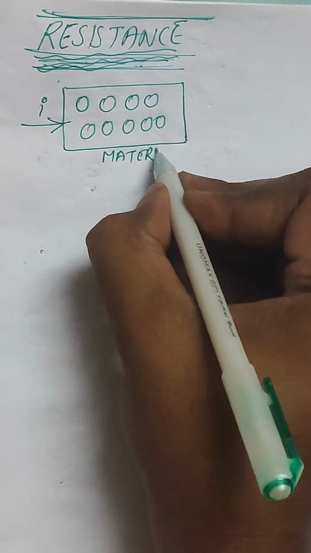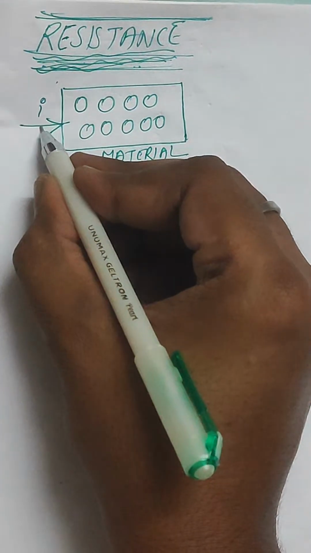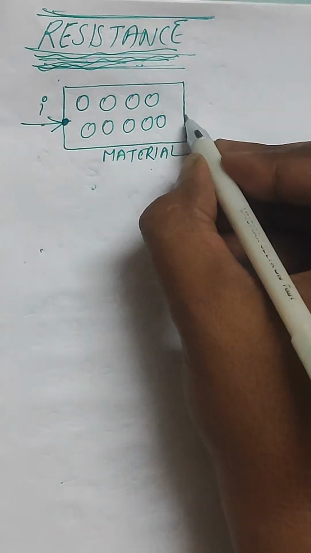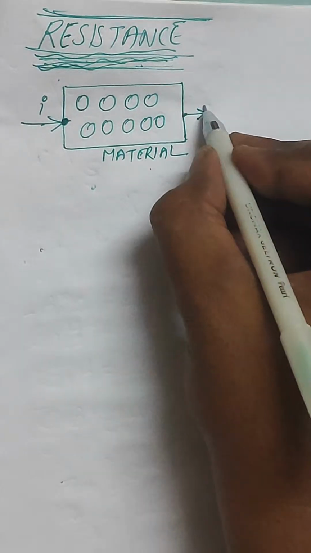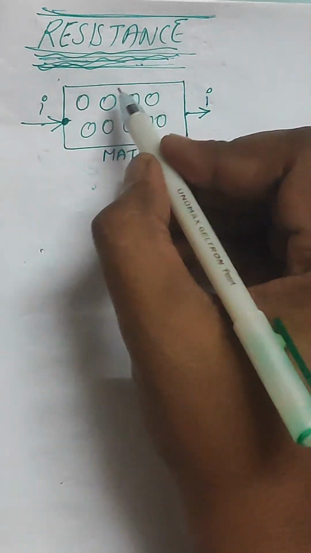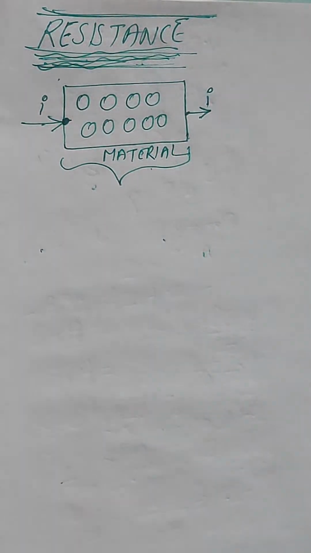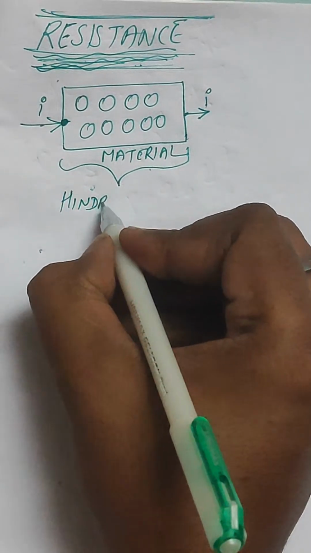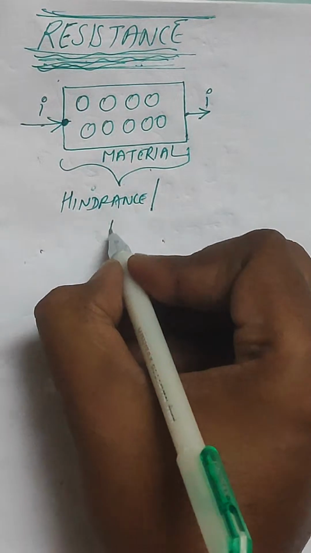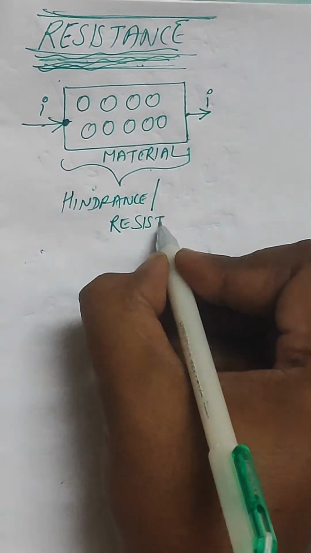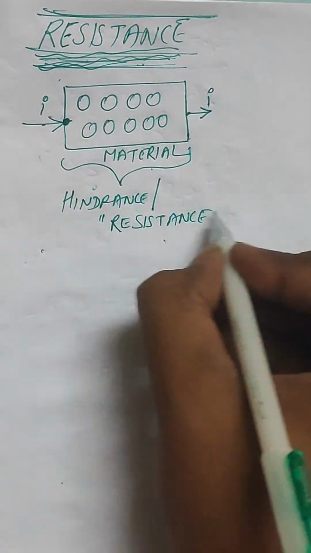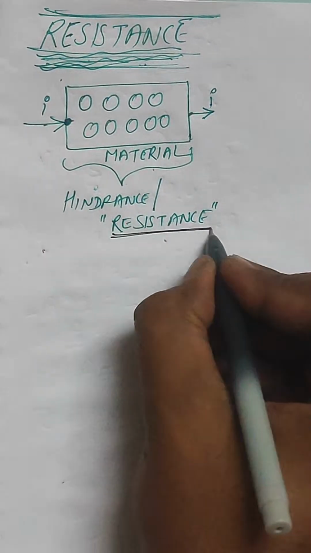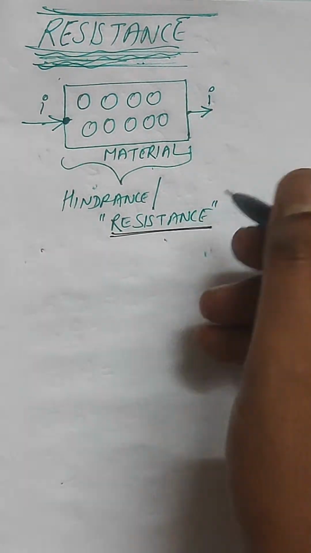If the current is applied to one terminal, then through another terminal we will get that current. But before that there is some hindrance, some objection applied by this material, and that hindrance or objection is called resistance, right?